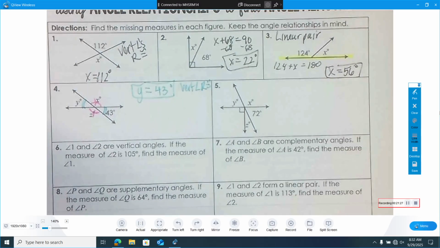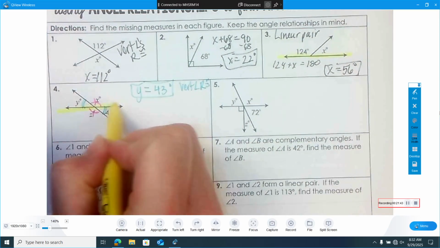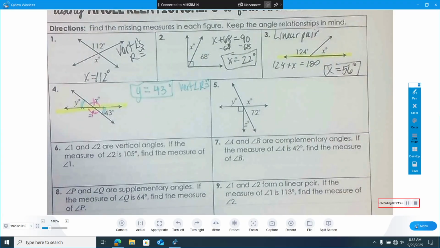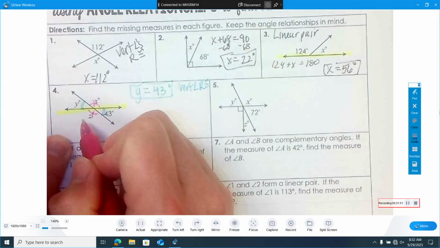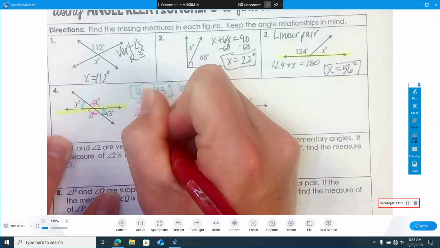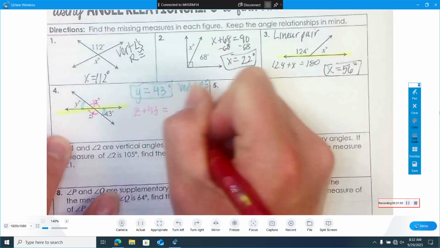Very good. All right, then how do we figure out X and Z? Because 43 and Z have to equal 180, and because Z and X are equal, whatever you get for Z is also X. Good. So Z plus 43 form a linear pair.